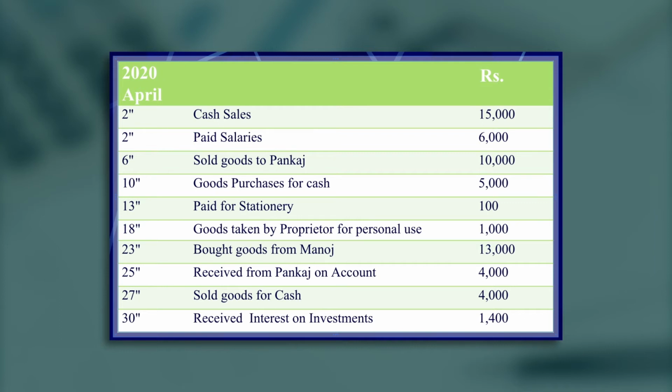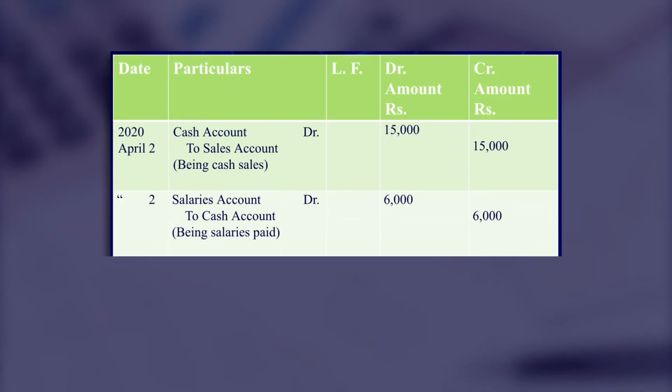We will see that 6,000 rupees will be recorded in the debit side of salaries account and 6,000 will be written in the credit side of cash account. We can check it, 6,000 rupees in the credit side of cash account, by salaries 6,000 rupees, and in the debit side of salaries account we will find to cash, yes, to cash 6,000 rupees.